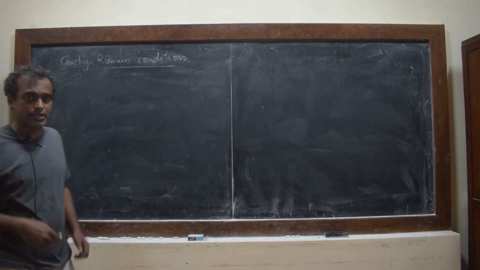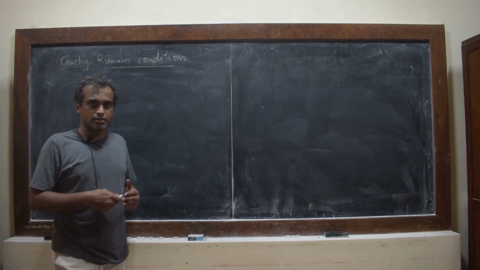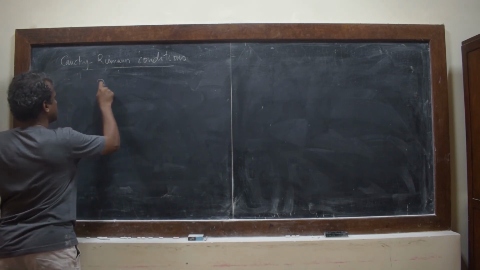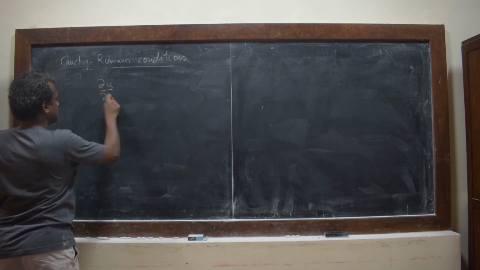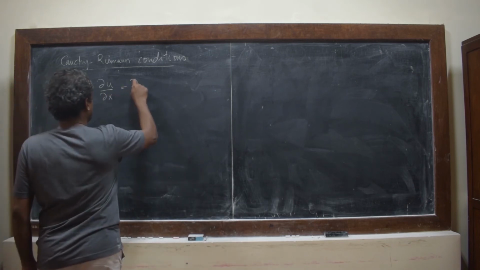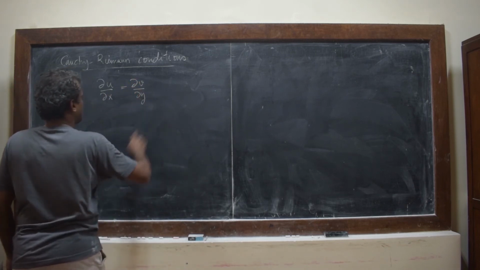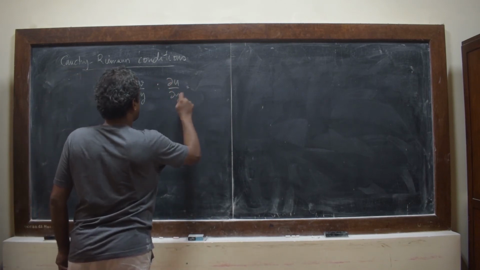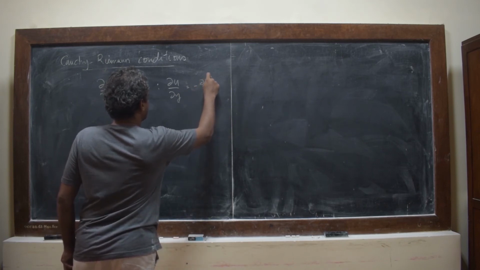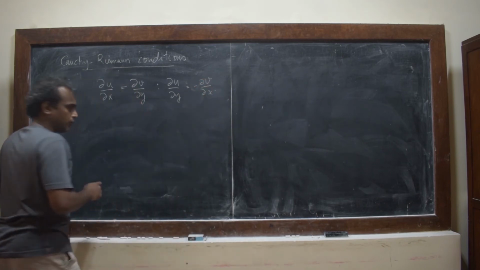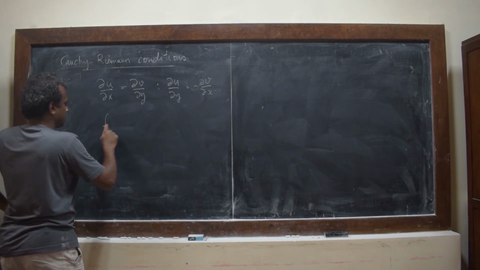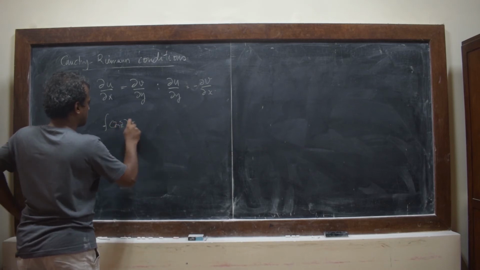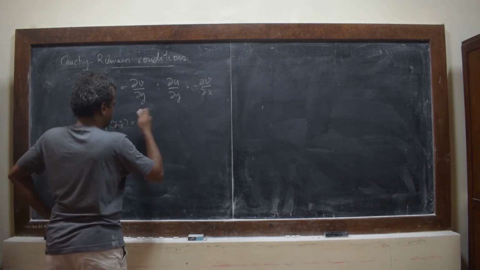Let us write those conditions in complex coordinates. The conditions as stated in the real and imaginary coordinates, the Cartesian coordinates, were of the form del u by del x equal to del v by del y, and del u by del y equal to minus del v by del x, for a function of the form u plus I v.